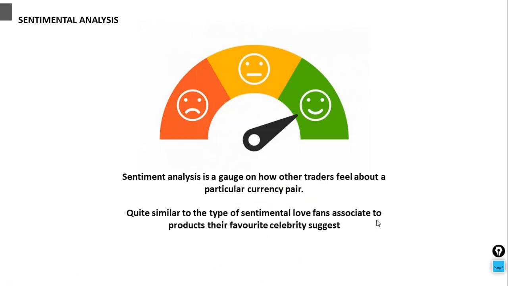This is a way by which we gauge the market based on how traders and investors feel about a particular currency pair. And this is quite similar to the sentimental love that fans associate with their favorite celebrities.